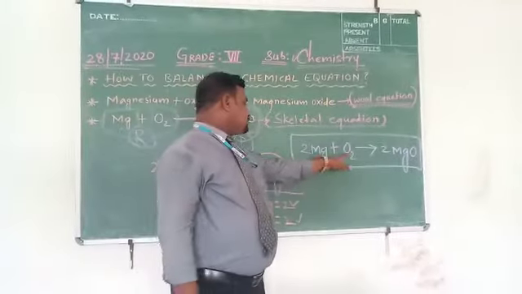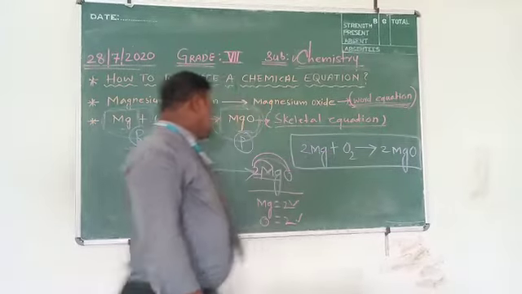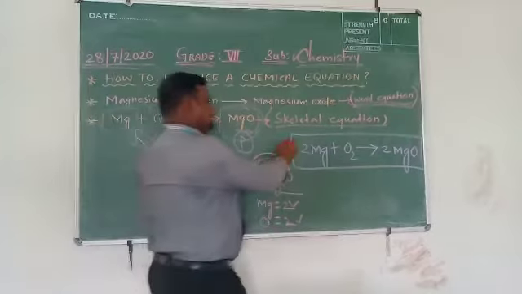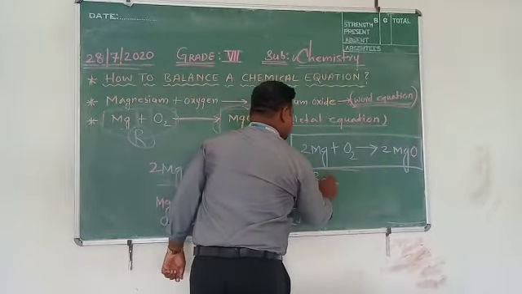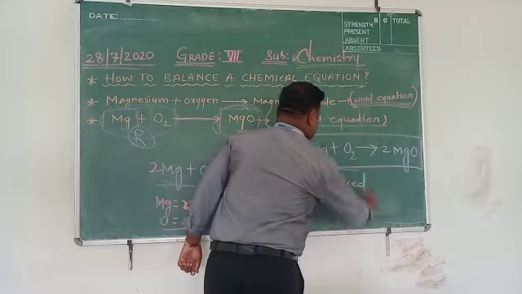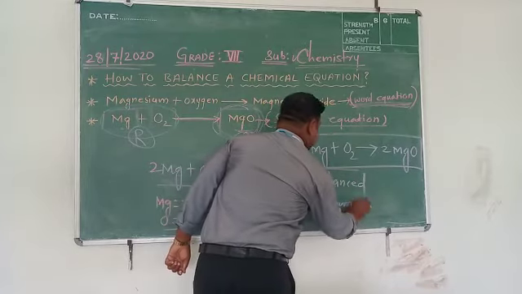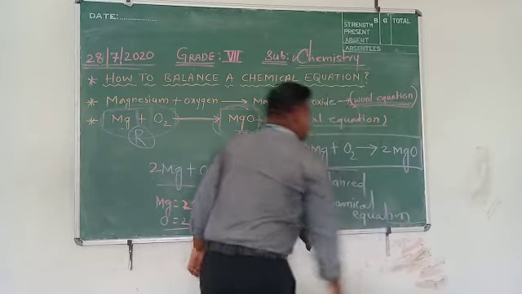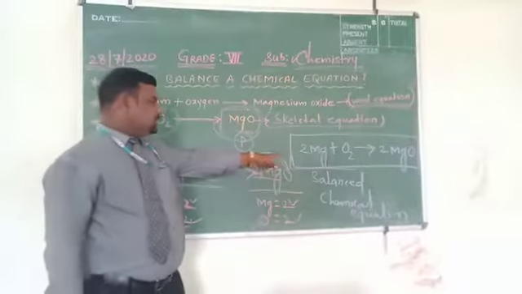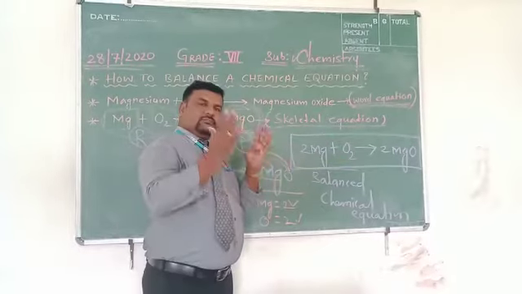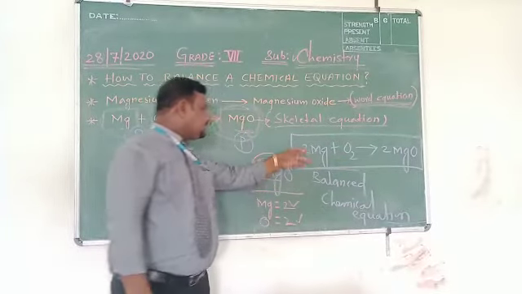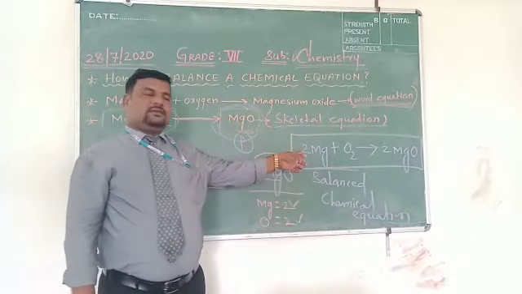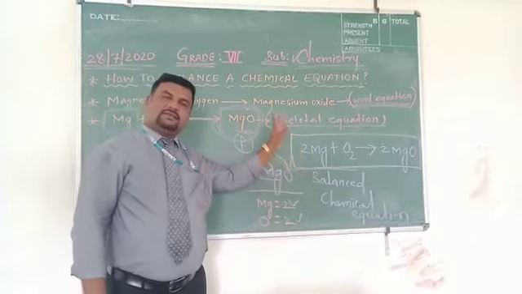So, the given chemical equation has an equal number of atoms on both sides, the reactant side and the product side. Therefore, we call this not a skeletal equation, this is a balanced chemical equation.